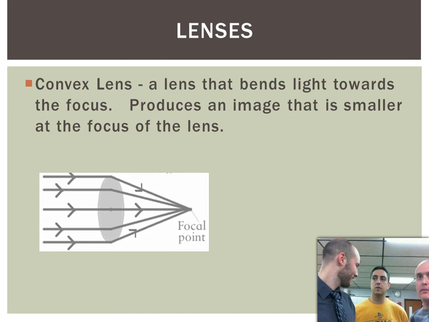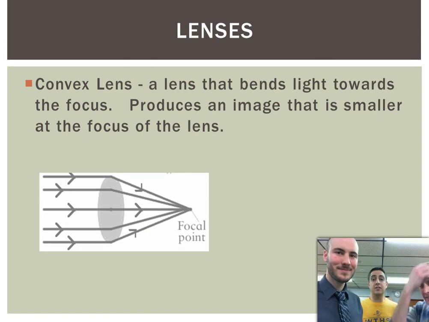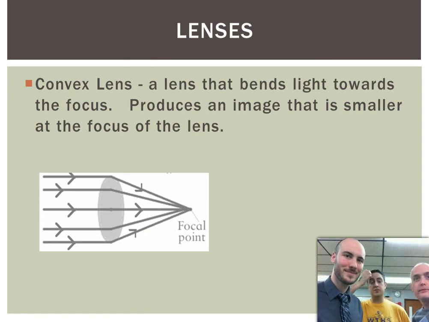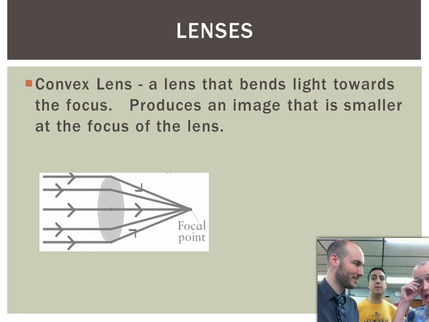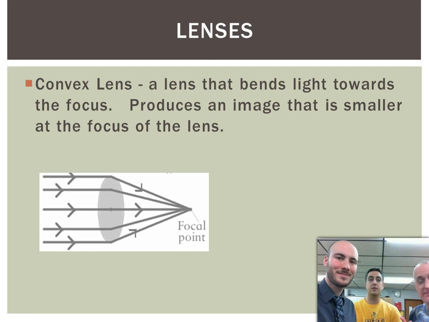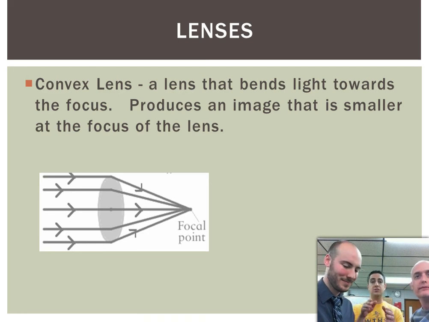So let's talk about lenses. Lenses are very important for a lot of people, especially if you're somebody who has bad eyesight like me. Convex lenses are lenses that bend the light towards the focus, and it produces an image that is smaller at the focus than what it originally saw. If you look at that image, those little lines with the arrows are showing you the rays of light.